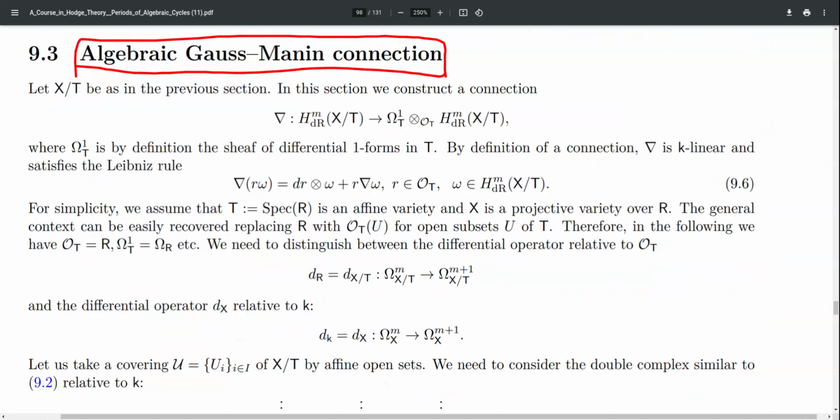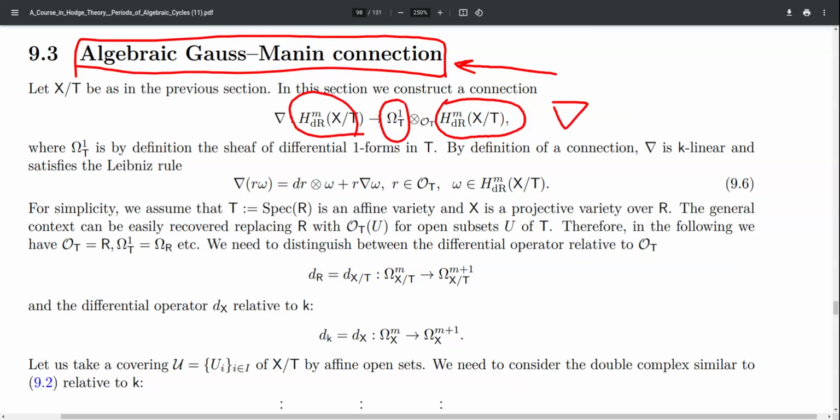Let us now try to define the algebraic Gauss-Manin connection. So we have defined the cohomology bundle as a relative de Rham cohomology. The sheaf of differential one-forms on T is algebraic because T itself is algebraic. So what is this nabla that we already saw in the topological context?